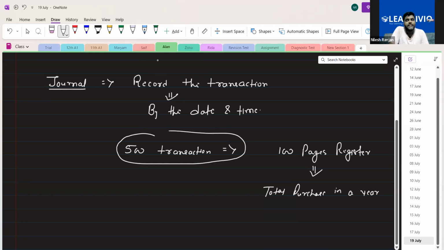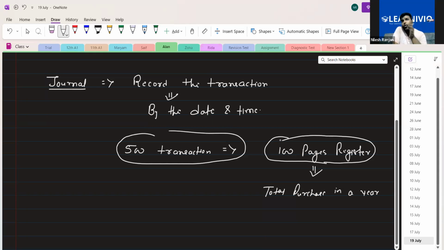All of this information we cannot find easily, because you have to go through all 100 pages. You have not recorded purchases on a single page, nor all the expenses on a single page. Purchases may be on the first page, the sixth page, the 10th page, then the 20th page.